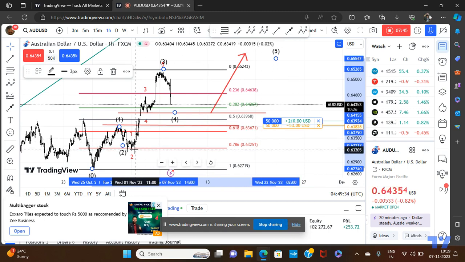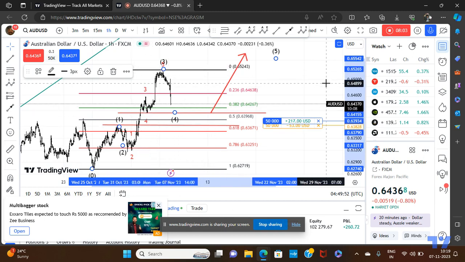Another way of looking at it is, suppose this is first wave, one, 2, 3, 4, and 5. Then A, B, C, the retracement can come down to 61%. For this wave, one, 2, 3, 4, and 5, the retracement can come down to 61%. Let's see what happens. But ideally, you should stop here, 0.64129. You should stop here.